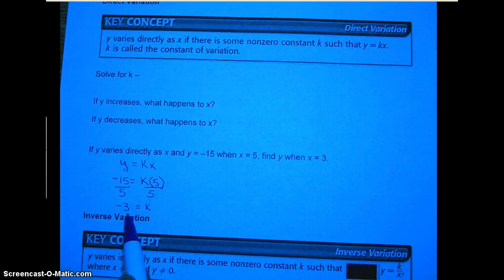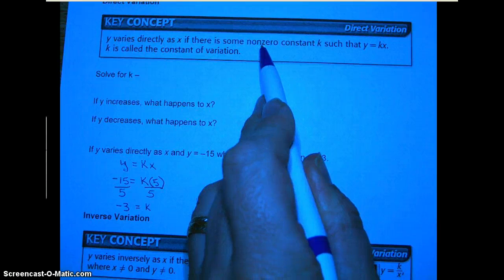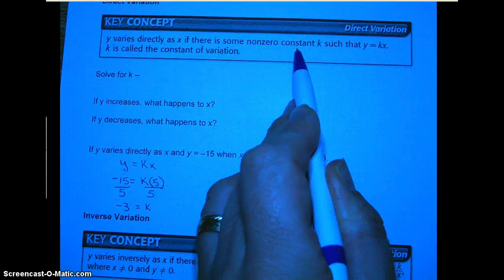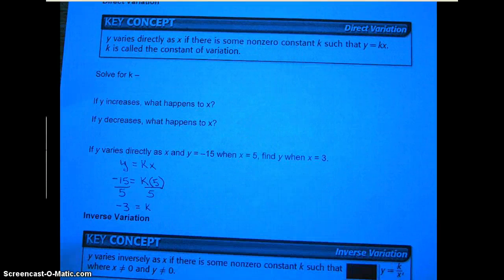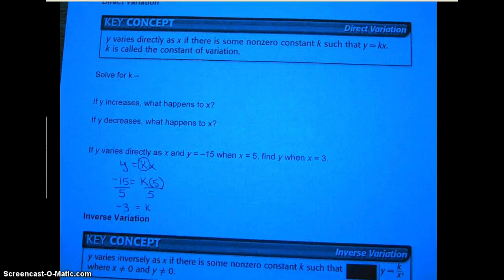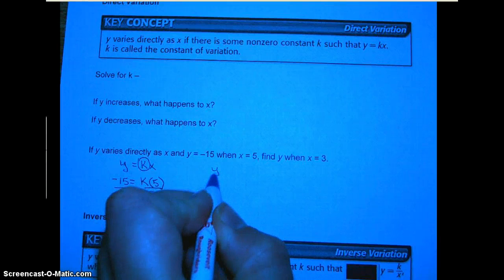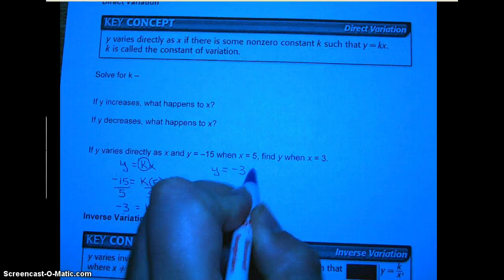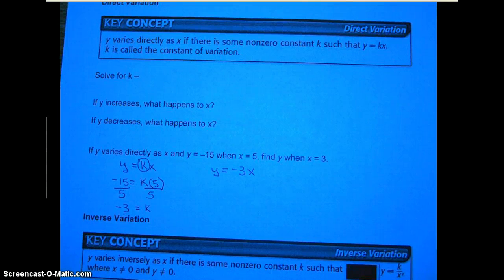Notice it fits the definition. K is a non-zero constant. Now that we know what k is, we plug it in here. So our equation is going to be y equals -3x. Now that we know the equation, we can solve the problem.